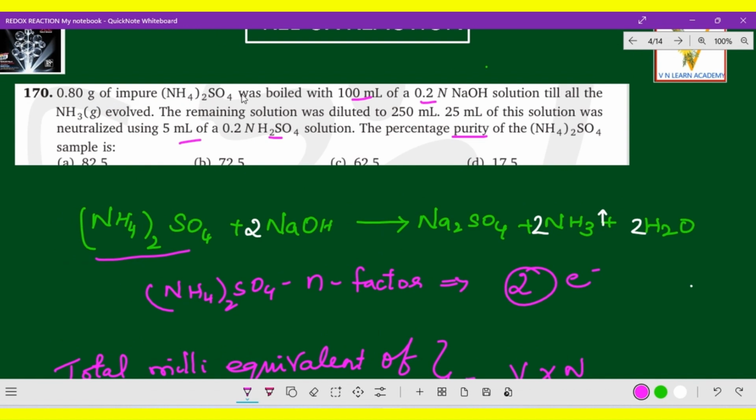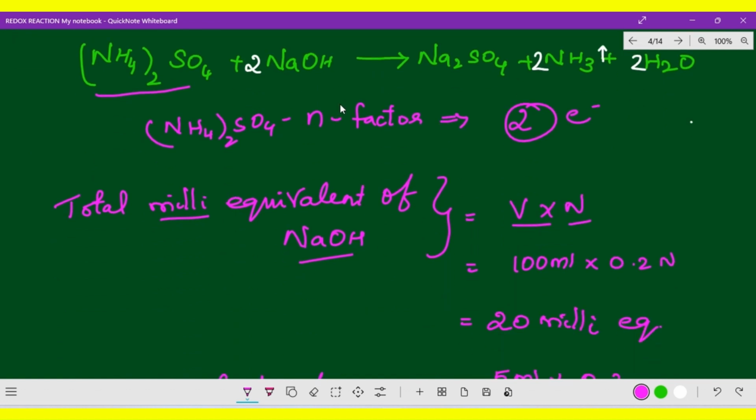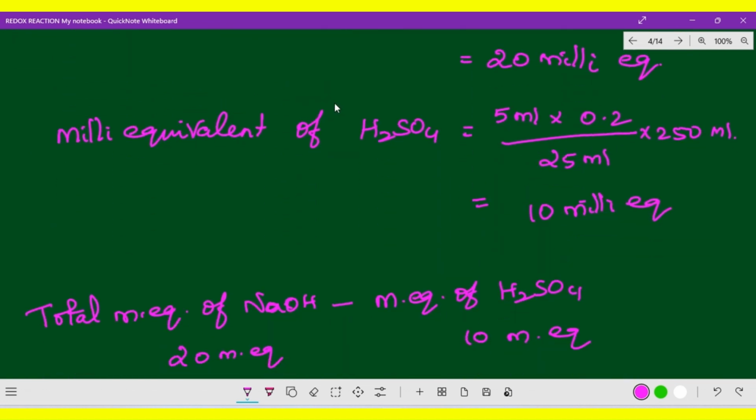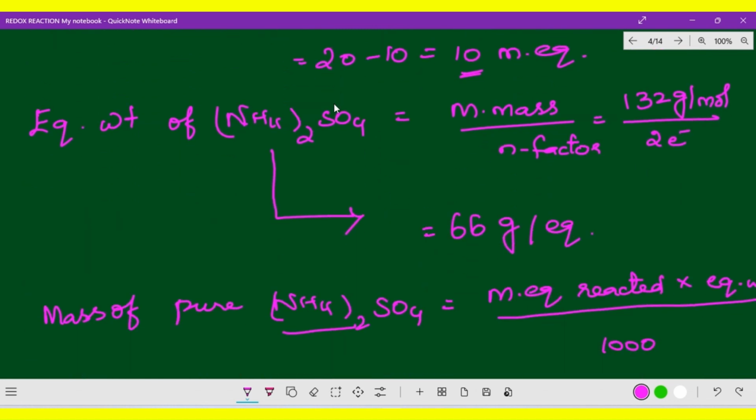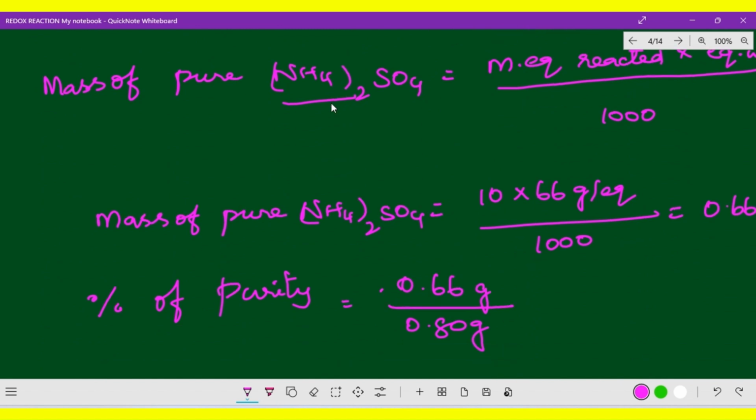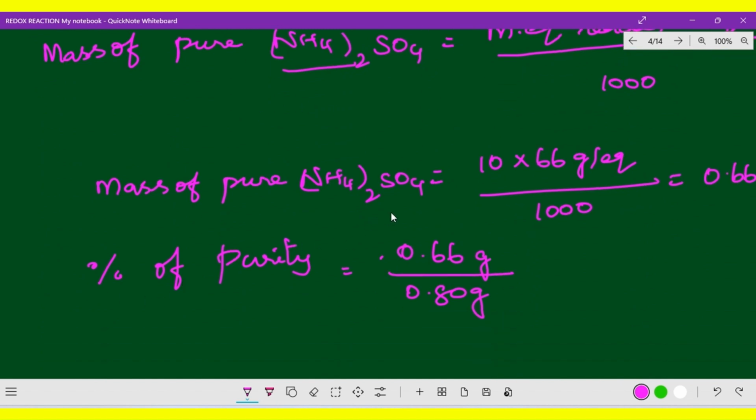0.80 gram of impure ammonium sulfate was boiled with 100 ml of 0.2 N sodium hydroxide. That is the amount of substance given. For the percentage of purity, how to identify: the mass of the pure ammonium sulfate which is reacted, divided by the total amount of the substance given, into 100.